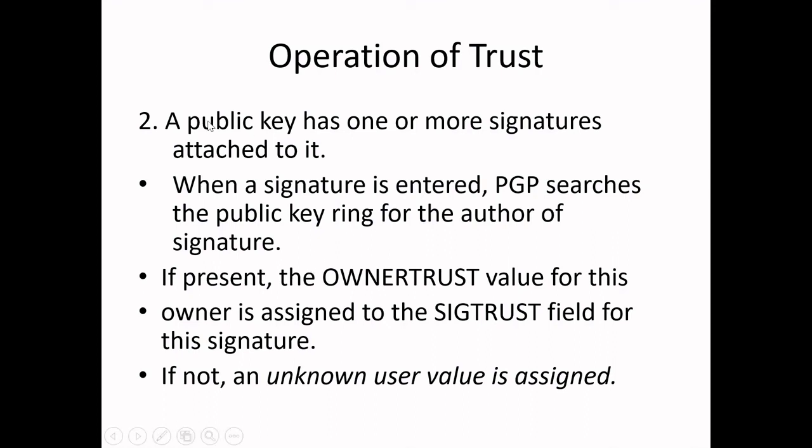Okay, so now we come to the signature trust field, and how that field is being populated. For every public key, there will be one or more signatures attached to it.